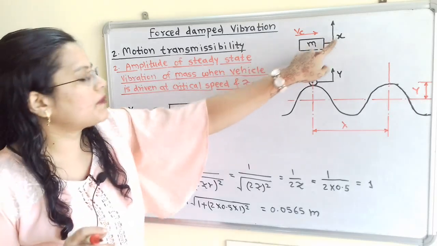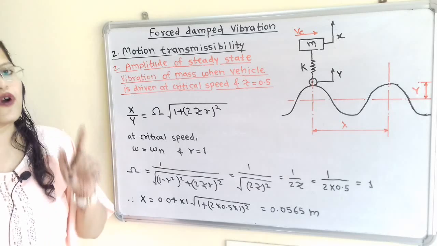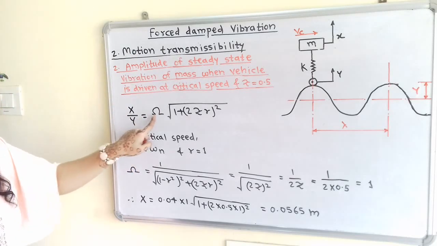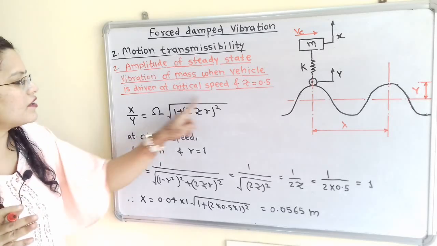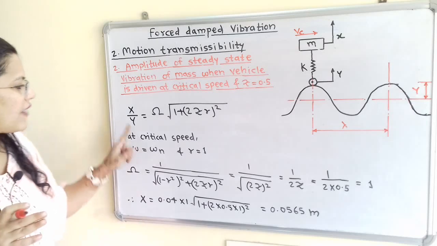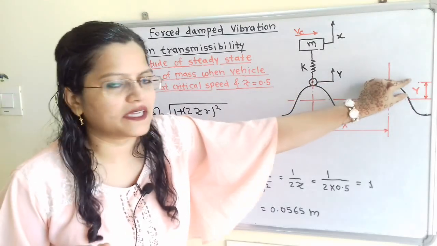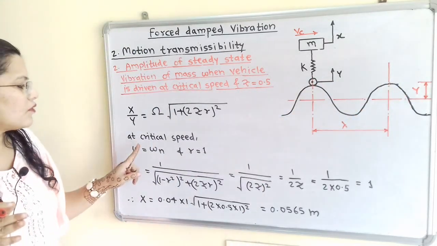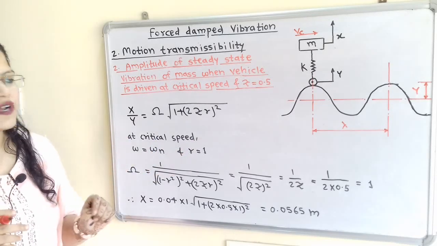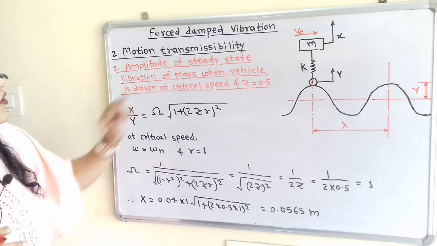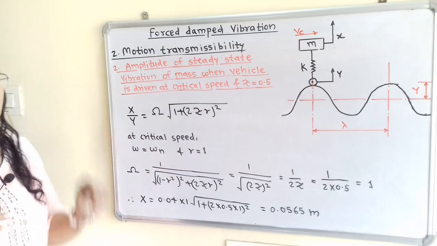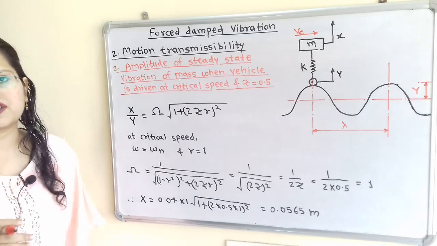So we have to find out amplitude of mass. Amplitude of mass is X, and we have the formula for motion transmissibility. X by y is equal to magnification factor, under root of 1 plus (2 zeta r) square. So value of y is known, that is mentioned in the question. We will put the value of r is equal to 1 because this is the condition for the critical speed. So when r is equal to 1, what is the answer for magnification factor?